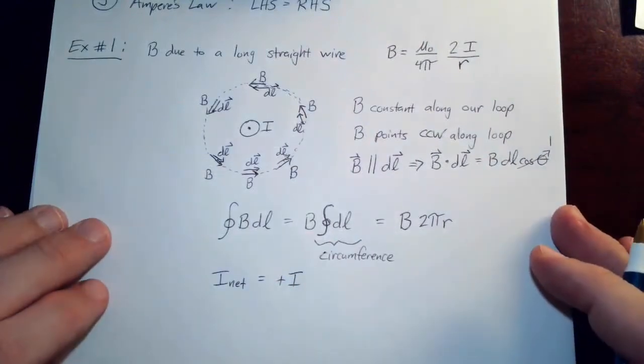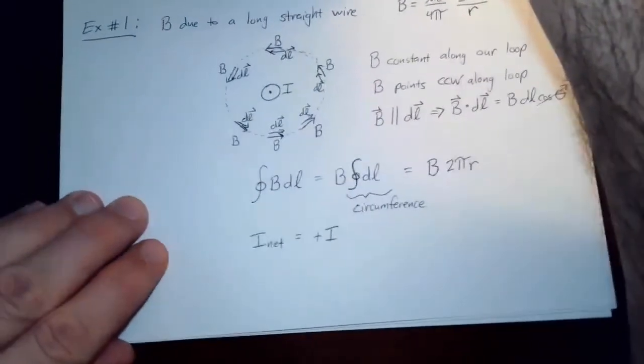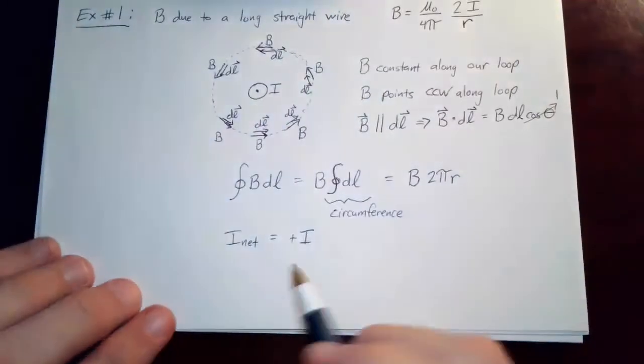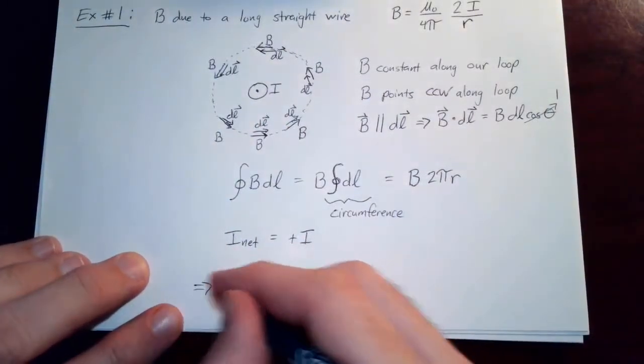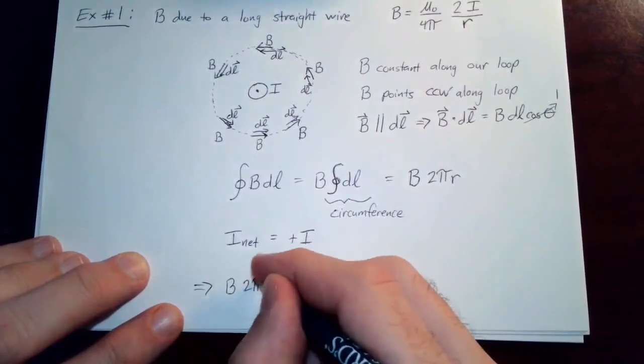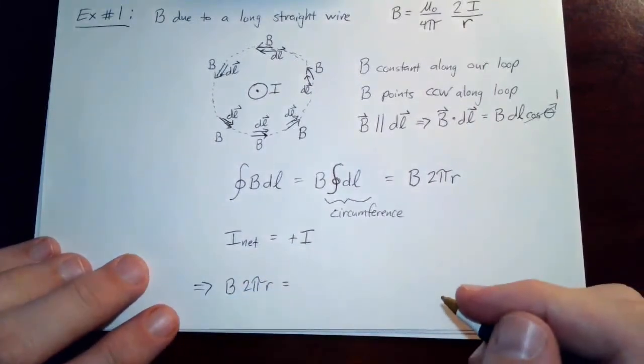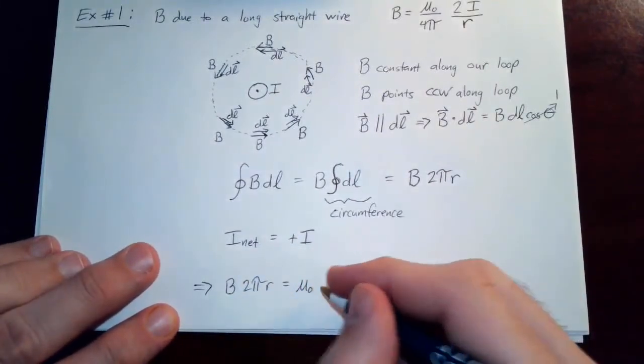So I net then piercing the soap bubble is just positive I. All right, and then the last step, step 5, is to put it together. Take our left-hand side, which we calculated was B 2 pi r, and that's equal to mu naught times the net current passing through.